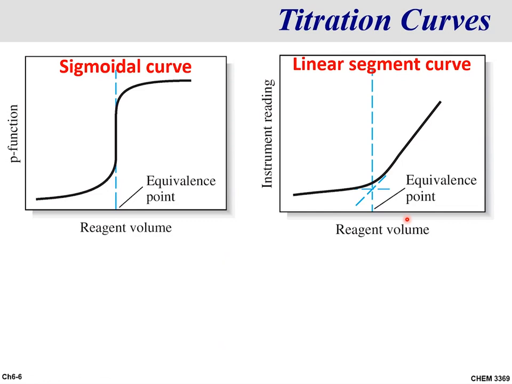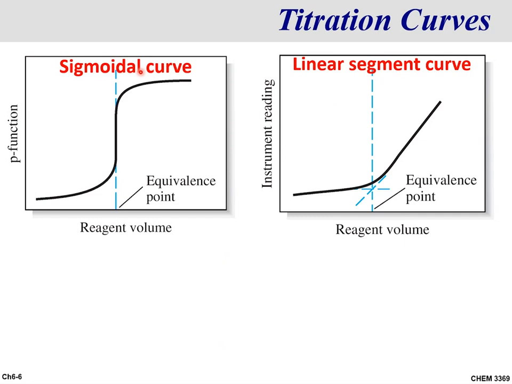So the first type, the sigmoidal curve, offers the advantage of speed and convenience over the linear segment curve.